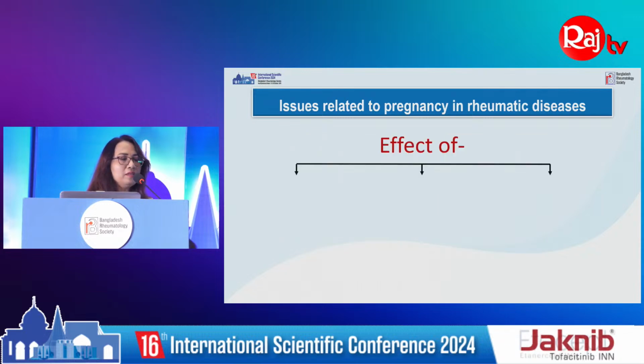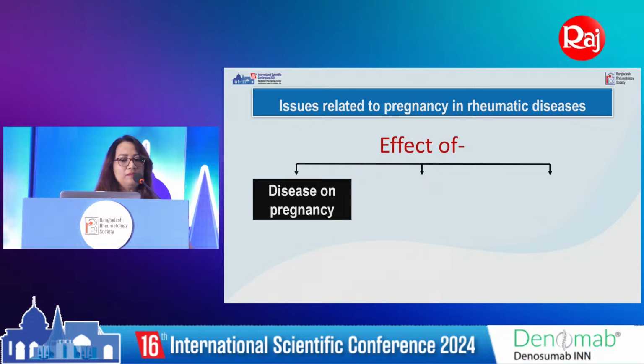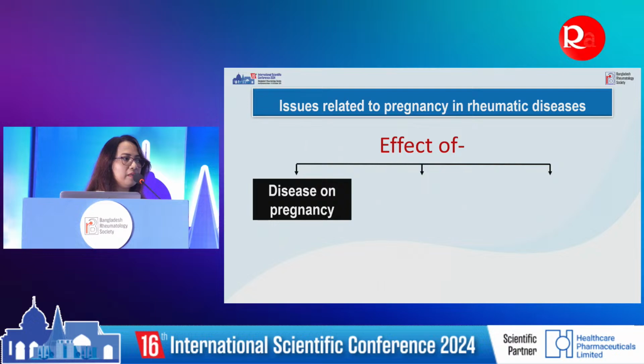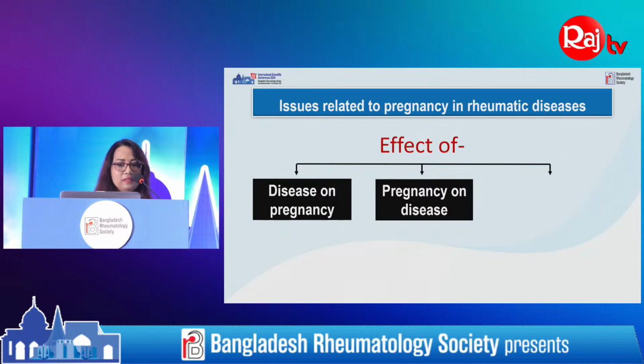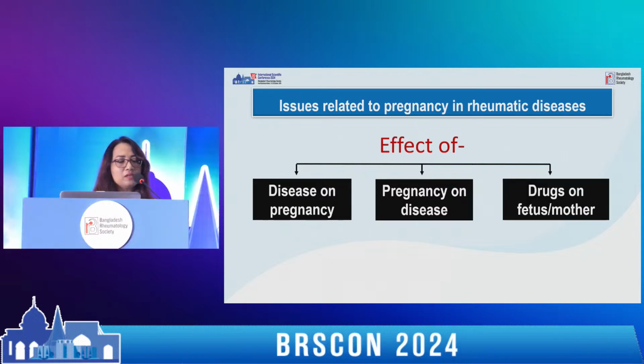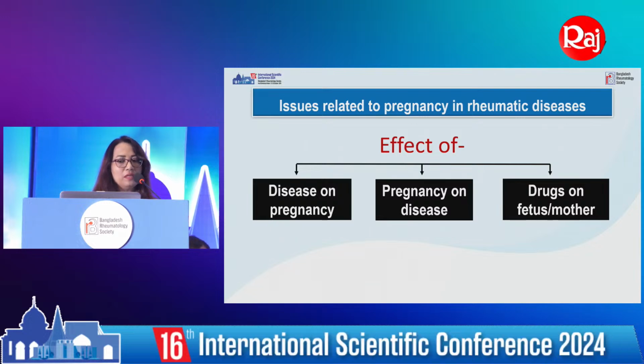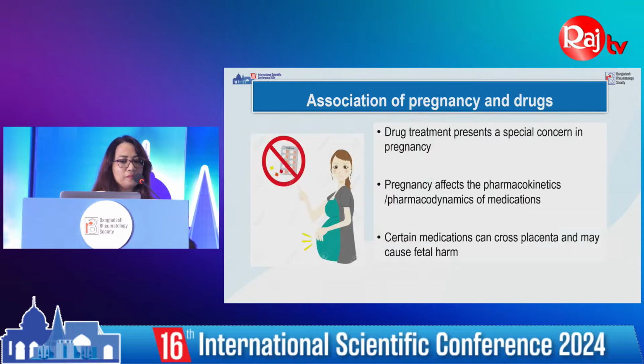For managing pregnancy in rheumatic diseases, we need to know some points like effect of disease on pregnancy, then pregnancy on disease, lastly drugs on fetus or mother. Today my talk is mostly on the last point.